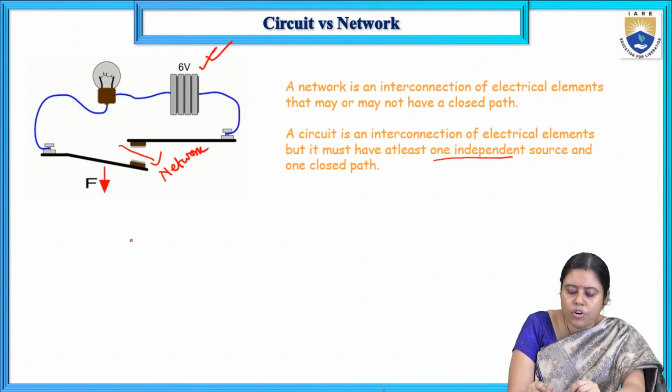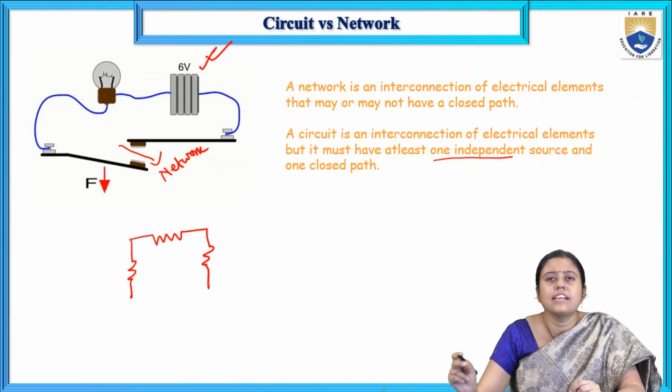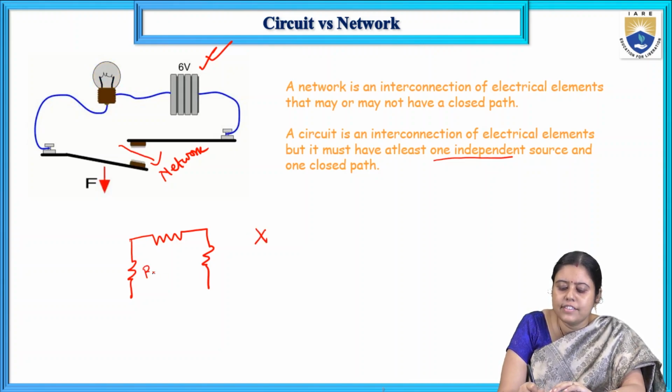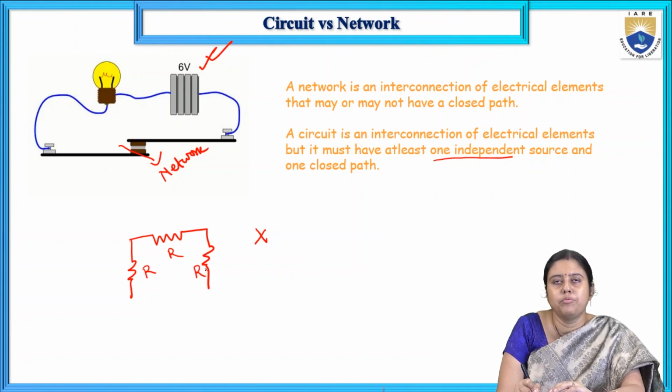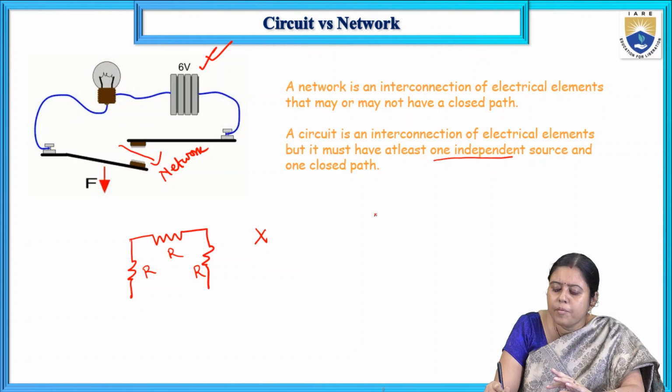See, I have drawn one circuit like this. Is this a circuit? No. Why? Because we have many resistances but no active source and there is no closed path. I have one more.